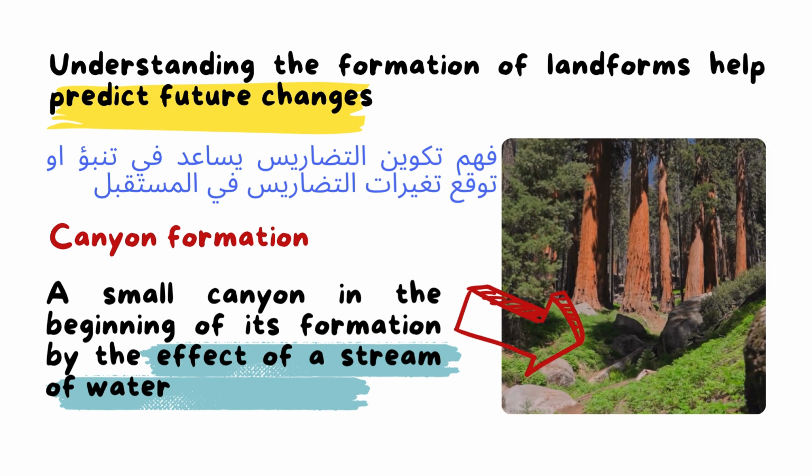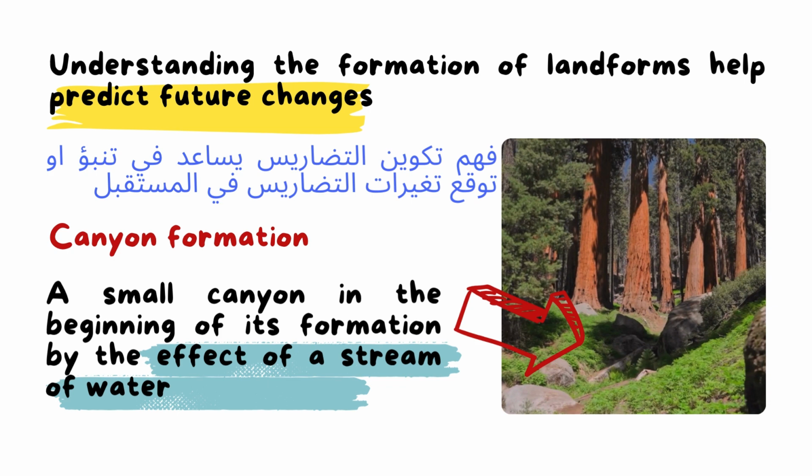To understand this point, we will take an example. Our example is canyon formation. If we understand how the canyon was formed, we can predict the future changes that will happen to this canyon.